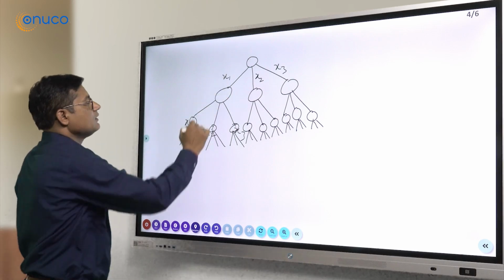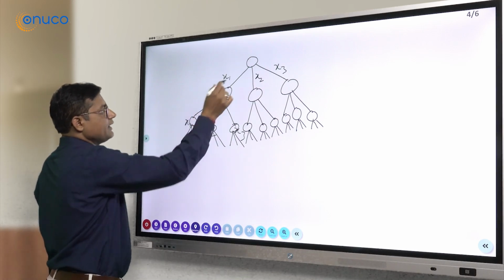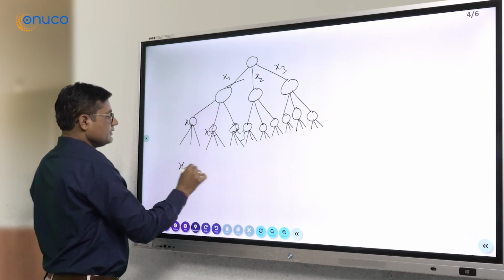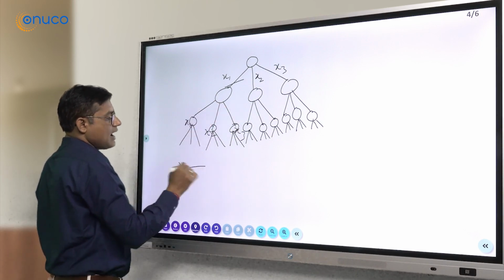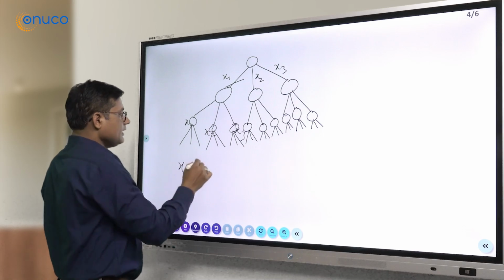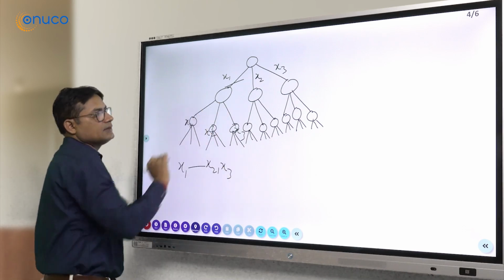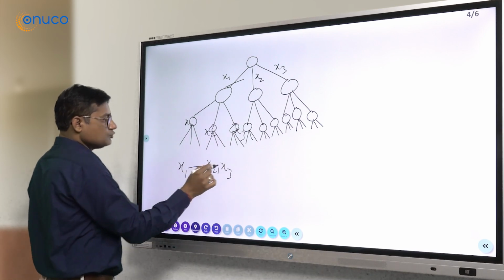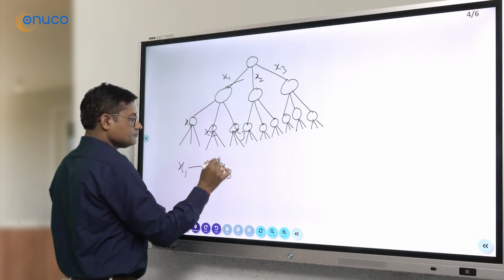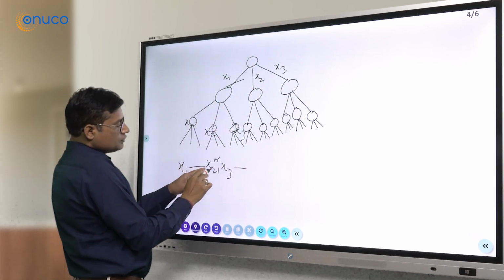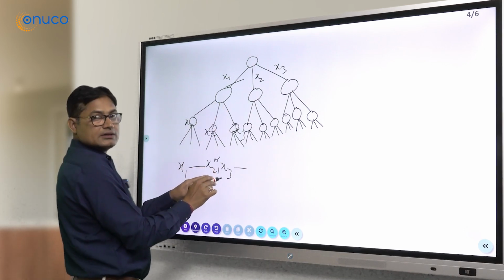So let us see, if the first one has already been colored x1, then the next can have 2 options. It can go with x2 or x3 because it's directly connected. It should be x2 or x3. In that case, you are going to use either x2 or x3 here.